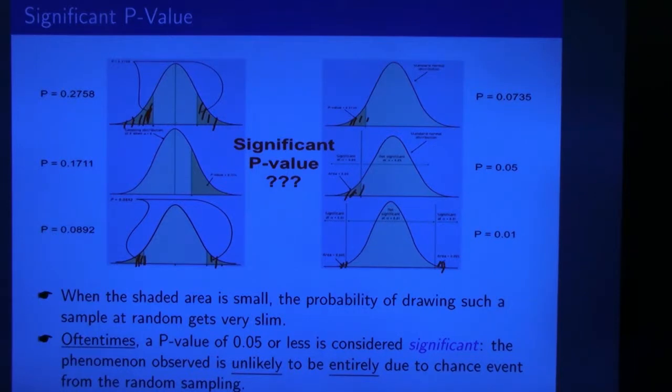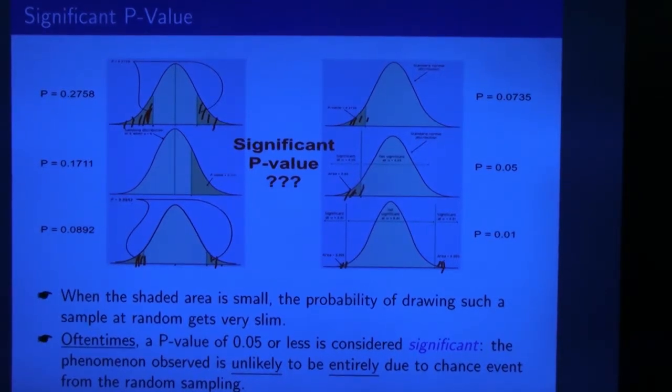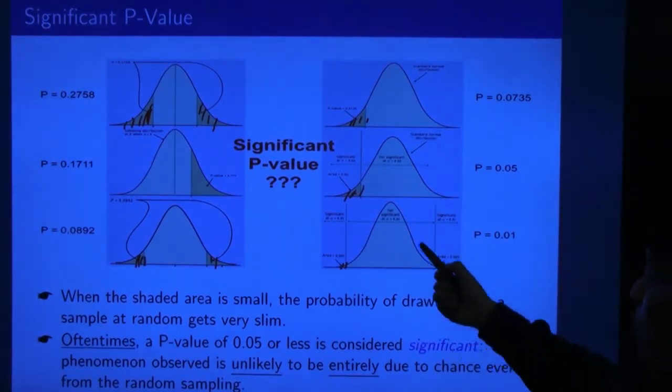Oftentimes, a p-value of 5% or less is considered significant. The phenomenon observed is unlikely to be entirely due to a chance event from the random sampling. Usually when you draw the sample, it will be here.